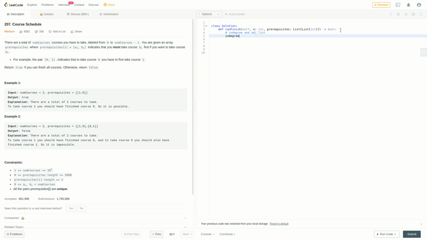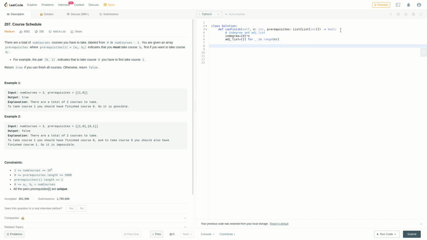First, integer is going to be initially 0 for each course, times n, and then adjacency list is equal to an initially empty array for each course, because I have n courses.